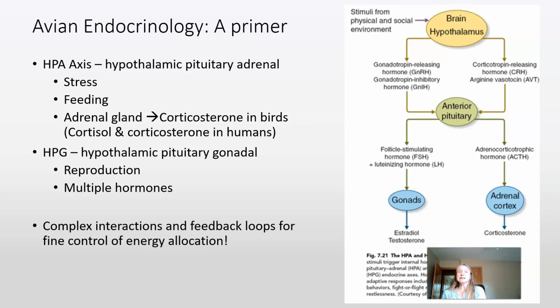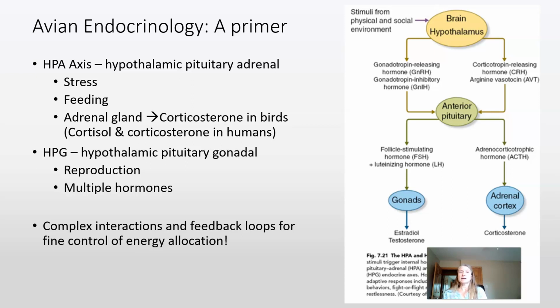So basically, your book talks about the hypothalamic pituitary adrenal axis. So the hypothalamus and the pituitary are in your brain, and then they release hormones into the blood, and those hormones then travel through the brain and the rest of the body and affect cell function.